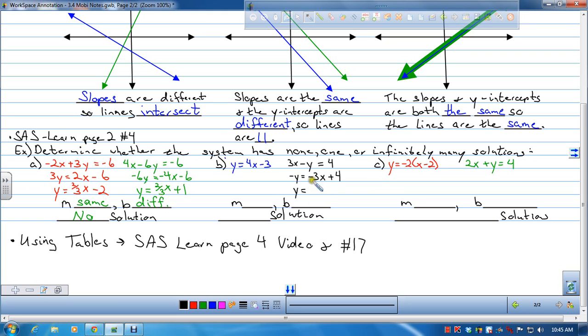Or just change all the signs, right? So that would be 3x minus 4. And in this one, my slopes are different. My y-intercepts are different. Therefore, those are going to be a set of lines that will intersect only once.